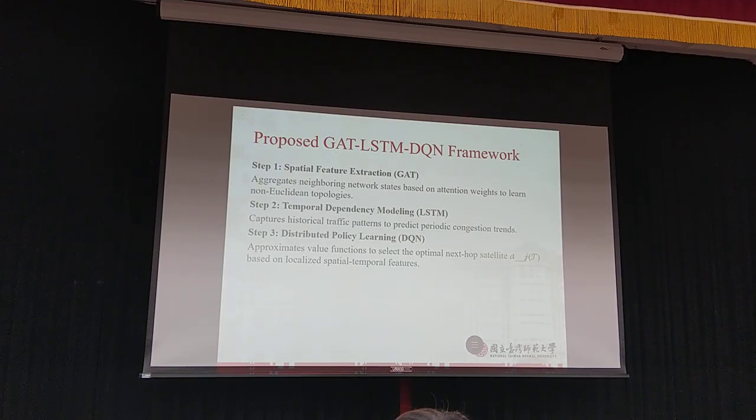And finally, for distributed policy learning, we implement a DQN for decision making. In the massive satellite constellation, centralized routing is impossible due to severe propagation delay. DQN serves as the ultimate decision engine to fuse the spatial features of GAT and temporal trend from LSTM into a single Q function.